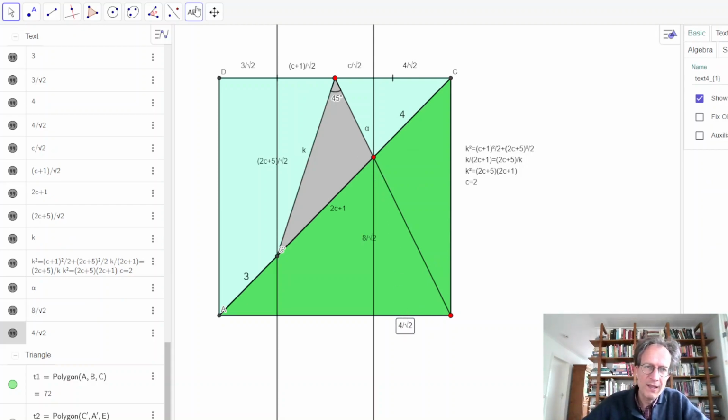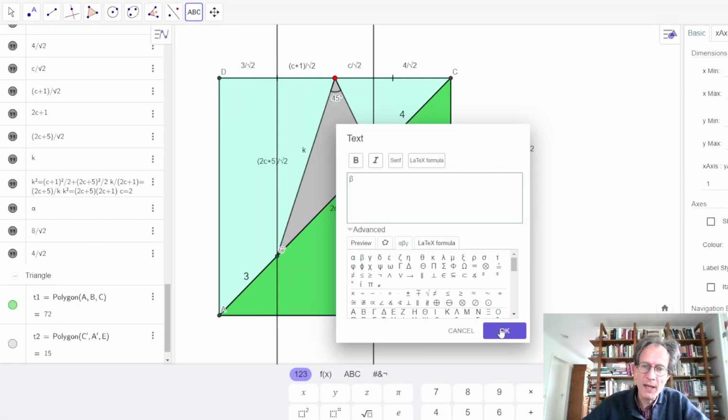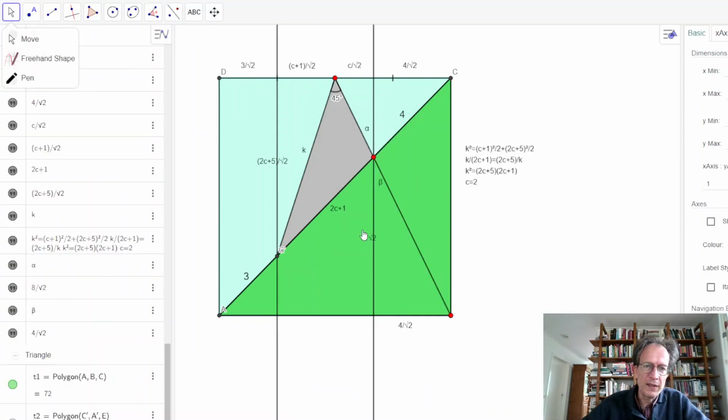So the angle over here, let's call it beta, has tangent 4 divided by 8, which is also 1/2. So we have found that the 3 points are collinear, because those two angles are the same. And that concludes the proof of the puzzle Distant Alp II.